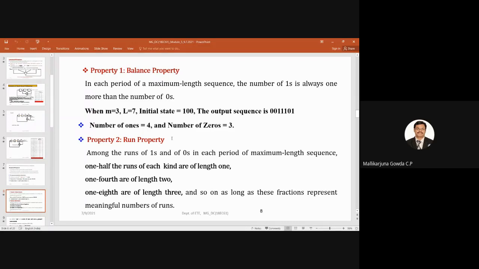Among the runs of ones and of zeros in each period of a maximum length sequence, 1/2 the runs of each kind are of length 1, 1/4 are of length 2, then 1/8 are of length 3, and so on, as long as these fractions represent a meaningful number of runs.